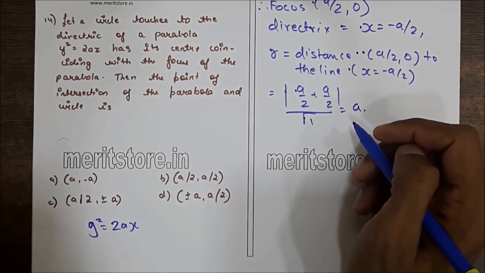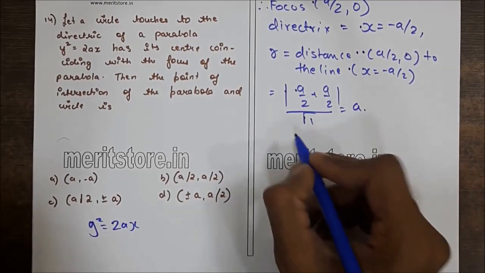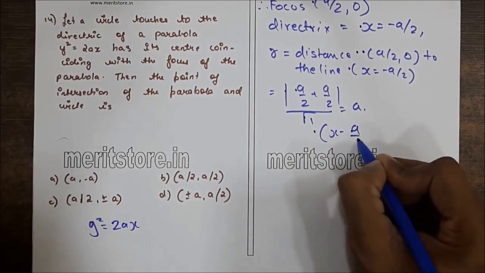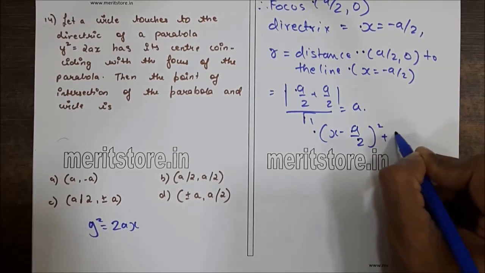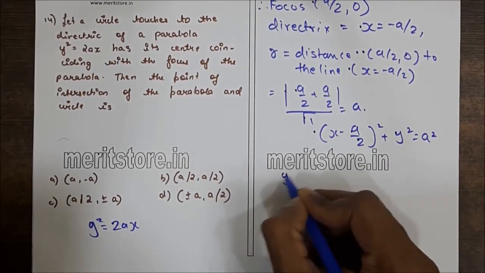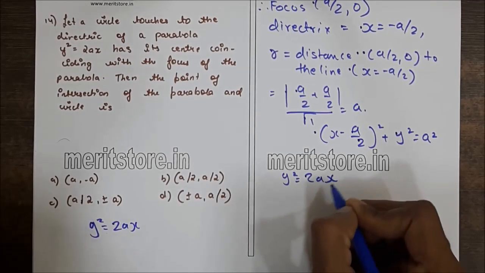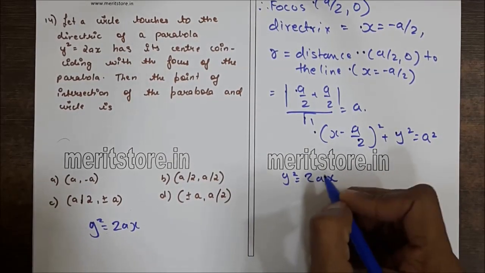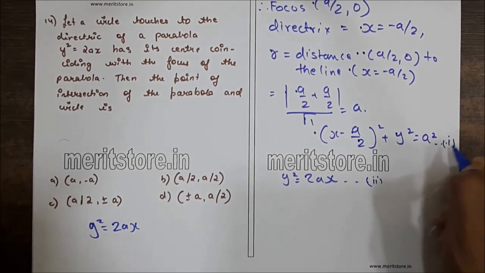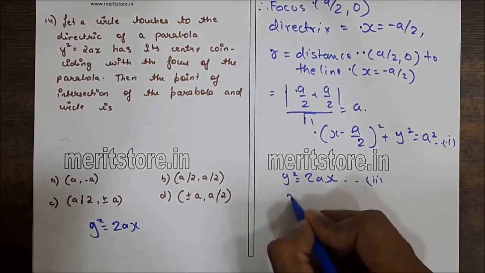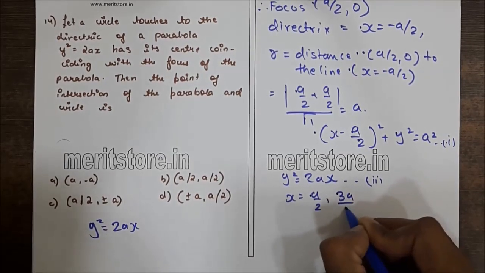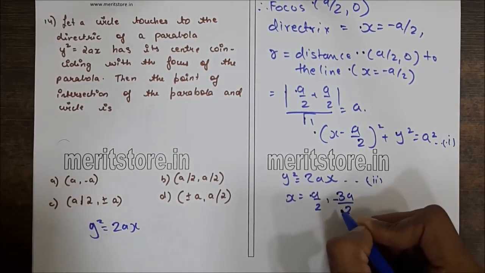So the equation of the circle will be x minus a by 2 the whole square plus y square equal to a square. Also we have y square is equal to 2ax. Let this be equation 2 and this be equation 1. So solving 1 and 2, we get x is equal to a by 2 comma minus 3a by 2.